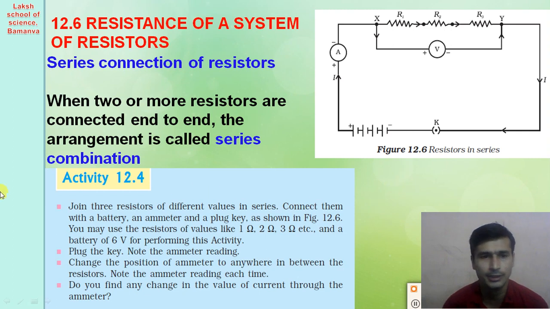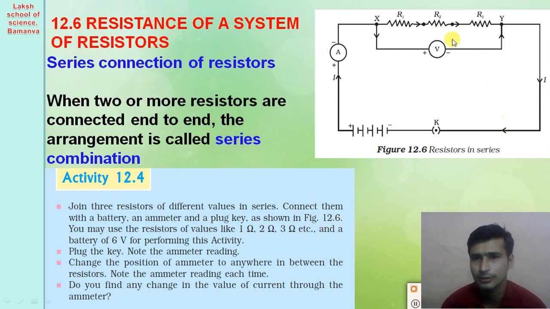First we understand activity number 12.4, which shows the electric current passing through each resistor. As in the figure, three resistors R1, R2 and R3, say 1 ohm, 2 ohm and 3 ohm, are connected end to end. Join three resistors of different values in series and connect them with a 6 volt battery, an ammeter and a plug as shown in the figure.